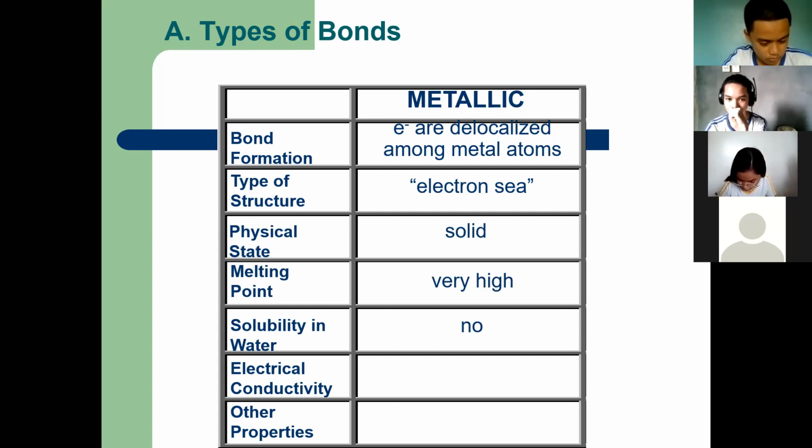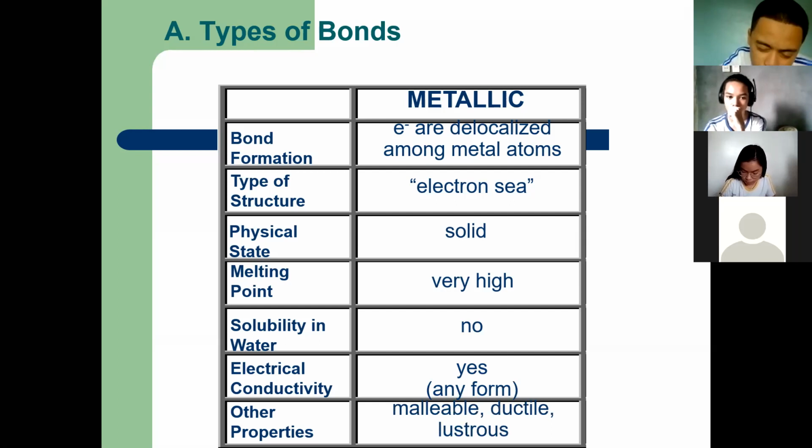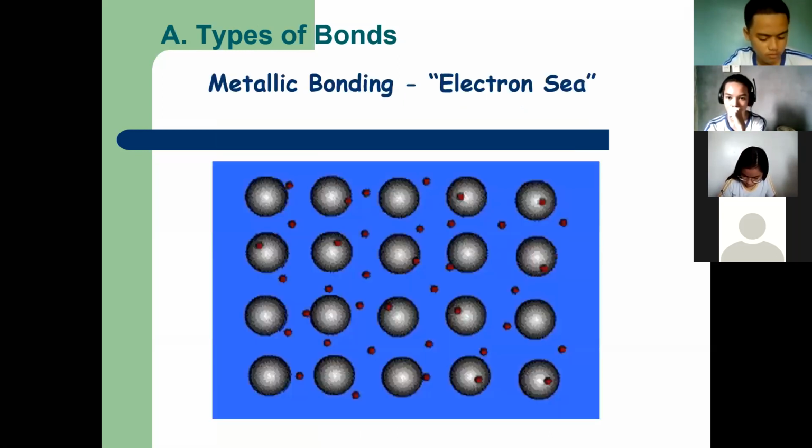But the electrical conductivity is very high, except for some metals which are poor conductors of electricity, making them insulators. But the general picture of a metal is that they are good conductors of electricity. Other properties: metals are malleable, ductile, and lustrous. When I talk about the sea of electrons, class, it is about the shape of the sea of electrons.